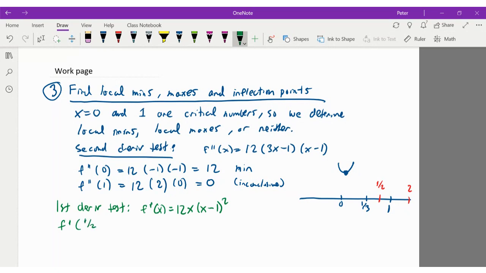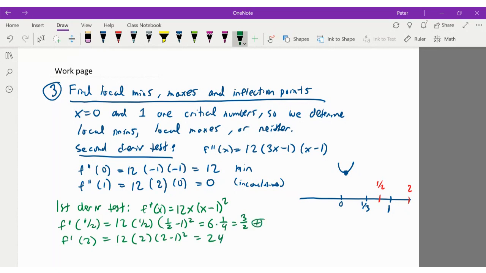So f prime of 1/2 is going to equal 12 times 1/2 times (1/2 minus 1) squared, which comes out to 6 times 1/4, which is 3/2. And f prime of 2 gives us 12 times 2 times (2 minus 1) squared, which is 24. It doesn't really matter what the numbers are. The point is they're both positive. We never change sign across the critical number 1.